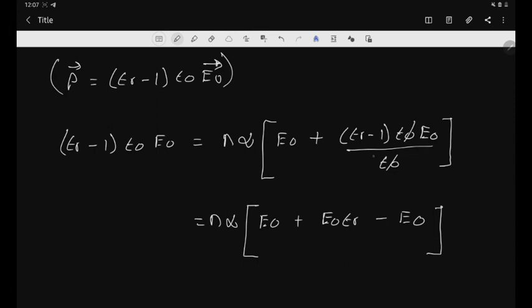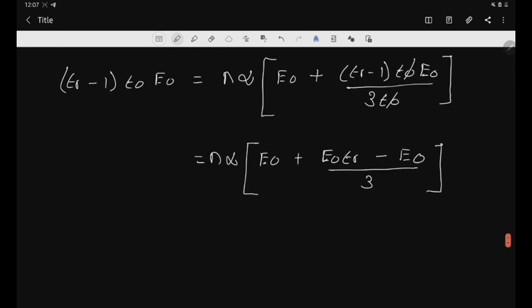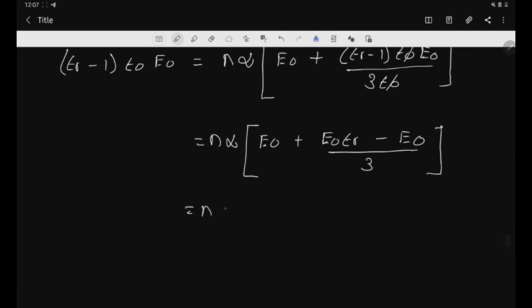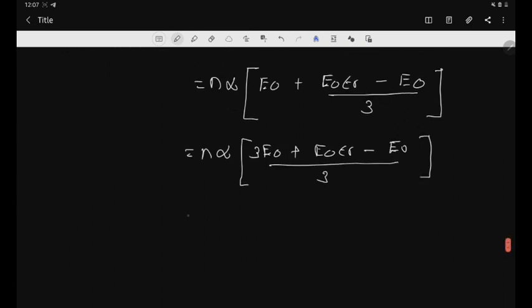I think 3 is also there, so we will have it divided by 3. We can multiply this 3 on this side and we will get n alpha into 3 E naught plus E naught into epsilon r minus E naught, divided by 3. Further we can write this as n alpha into 2 E naught plus E naught into epsilon r, divided by 3.